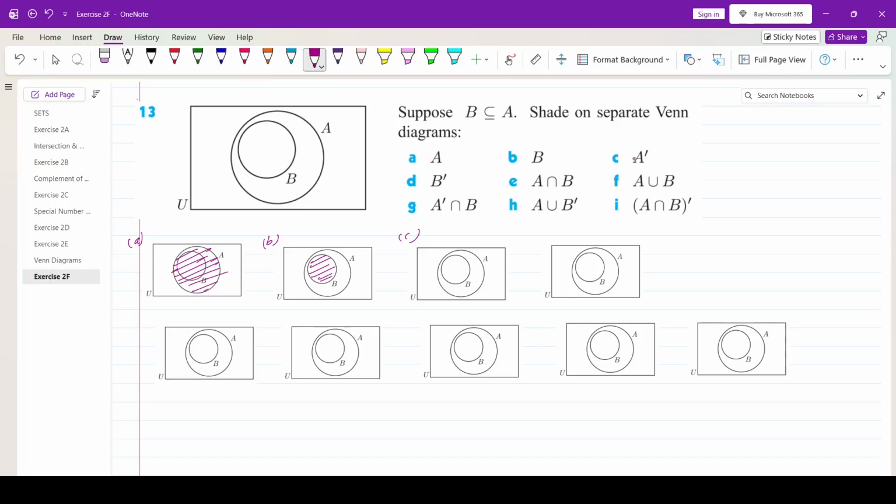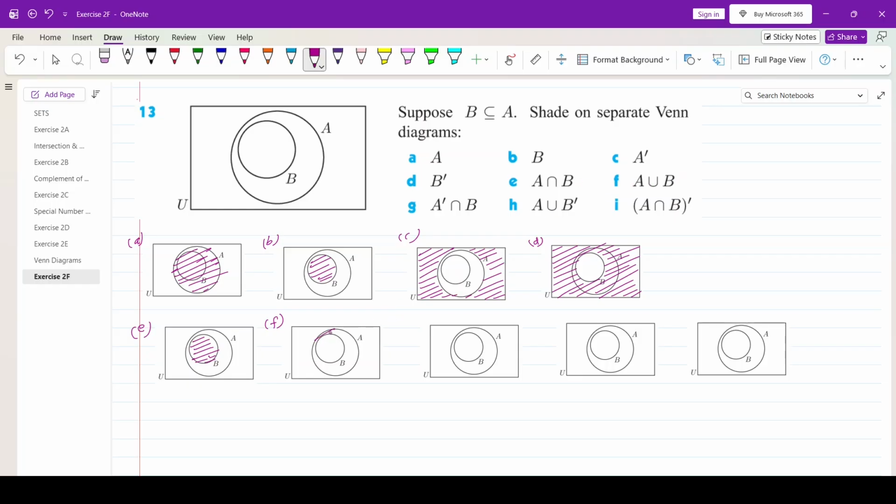Part C says A complement will be everything outside A. Part D says B complement will be everything outside B. Part E says A intersection B. So A intersection B will be this part.